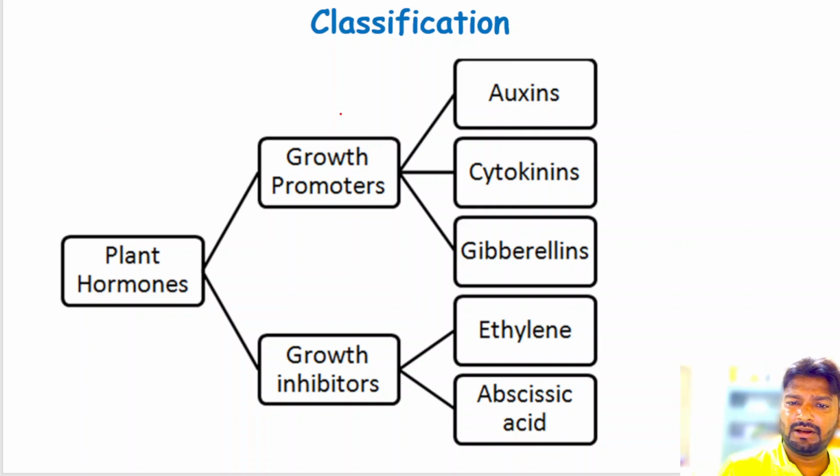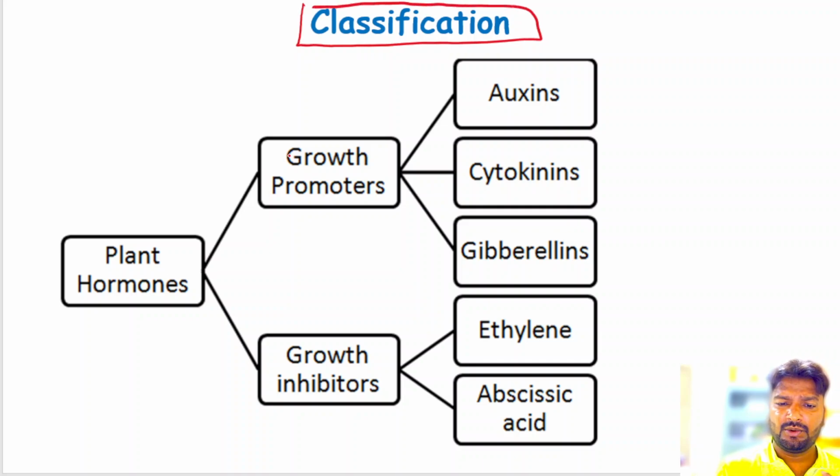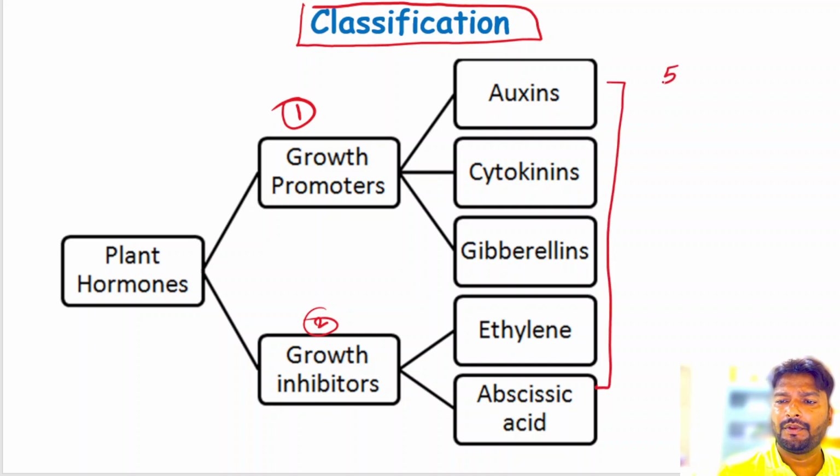If we see the earlier classification, plant hormones were classified into two groups: growth promoters and growth inhibitors. There are a total of 5 hormones. Among growth promoters there are 3 hormones: auxin, cytokinin, and gibberellin. In growth inhibitors there are 2 hormones: ethylene and abscisic acid.